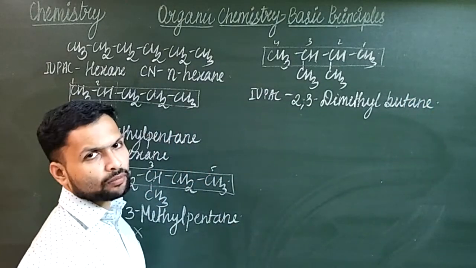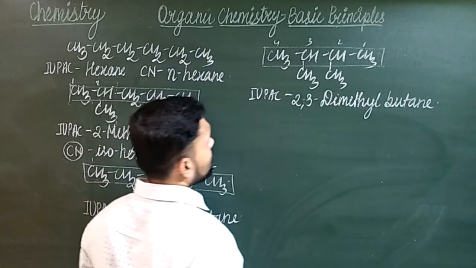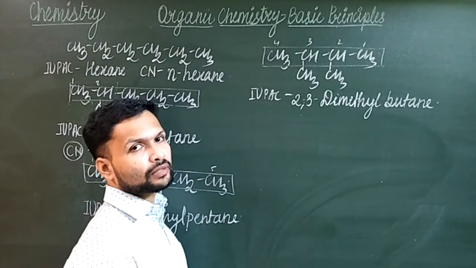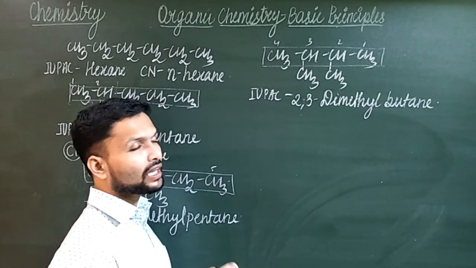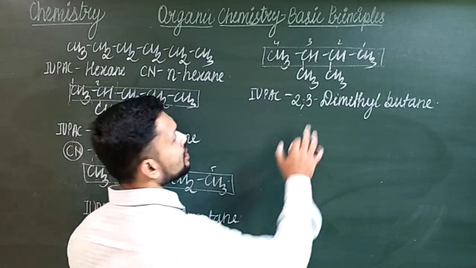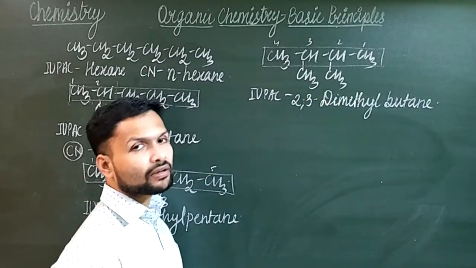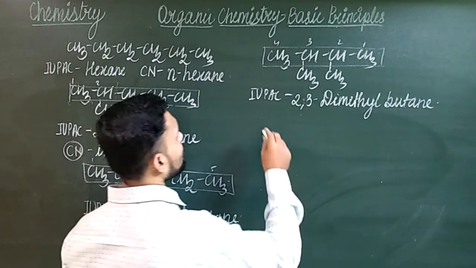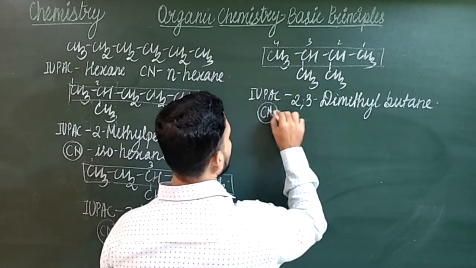And again no common name over here. Because in case of iso, it says that only one carbon is in branch while the others are in a continuous chain. Here there are 2 branches, so you can't write it as iso over here. So this is the only IUPAC name, no common name in this case.